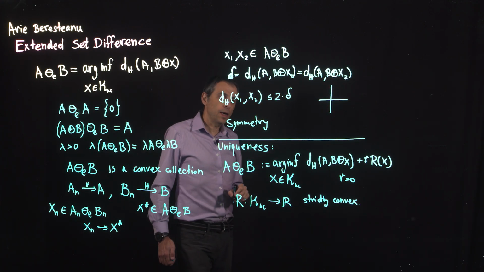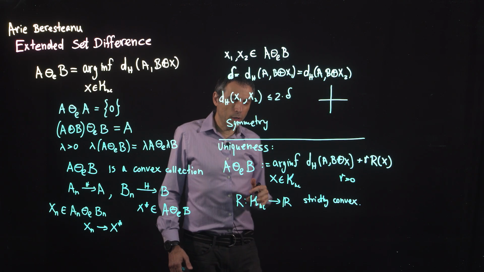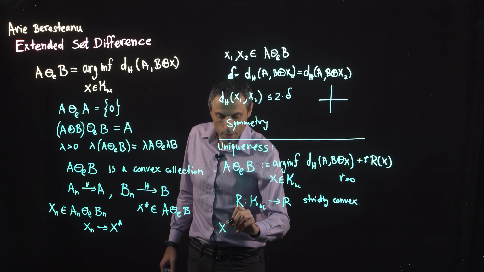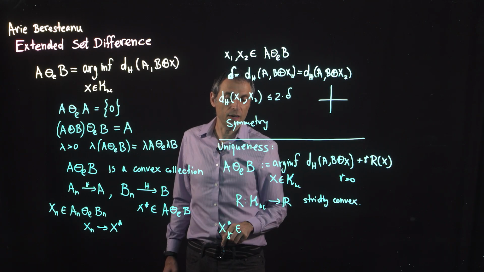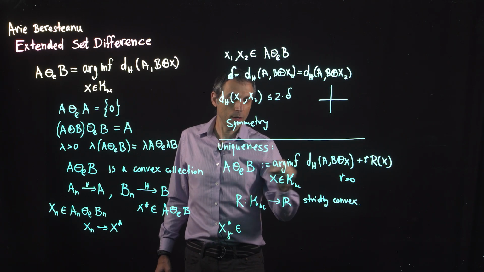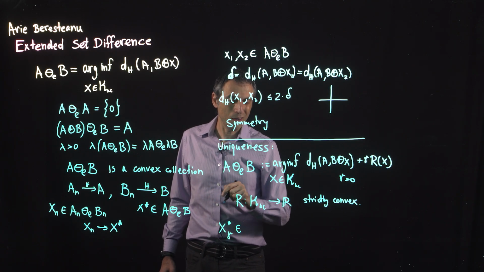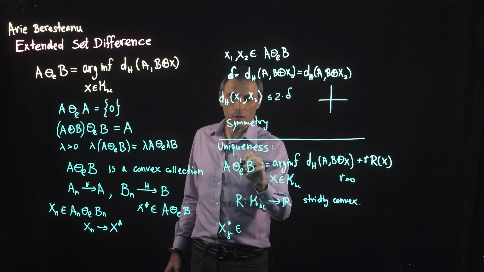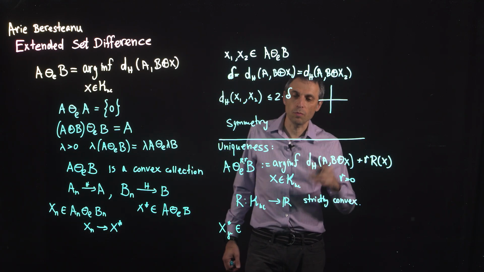Okay, and then we can call x star gamma, which is in this modified extended difference. Probably it's good to have another notation here, with the r and a gamma, and you can make the notation more and more complicated.